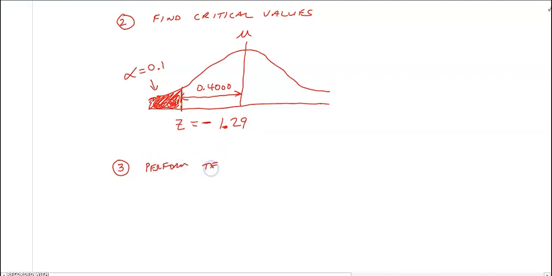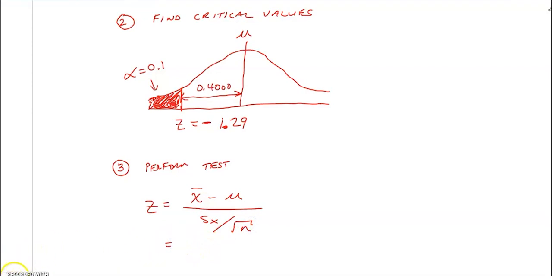Perform the test, the Z test. Once again, Z is equal to our sample mean minus the population mean, or what we are claiming to be the value, divided by the standard deviation over the square root of the sample size.